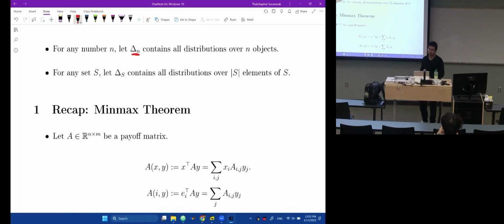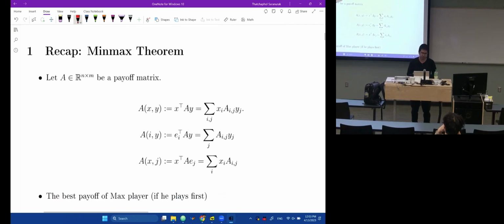So when I say P is in Δ_n, it means that P is a distribution over n objects, like n experts or something like that. And actually, for any set S, Δ(S) just contains the distributions over all elements in S. So that's the notation. Now let's recap what we have from last time.